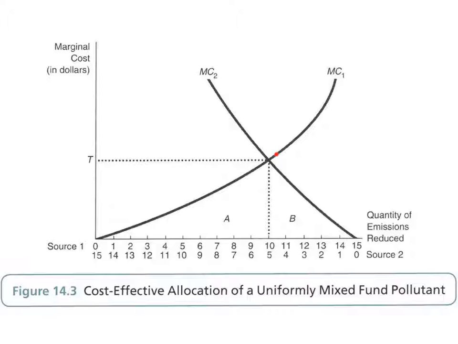But if cleaning up is more expensive than that fee, I'll pay the fee. So firm 1 will clean up all these. Firm 2 will clean up their first, in this case, their first 5. Remember our framework, we're looking for the emissions charge that corresponds to that marginal cost level where the distribution of cleanup responsibility is optimal. Okay, so we have our frameworks down, and now let's solve the problem.